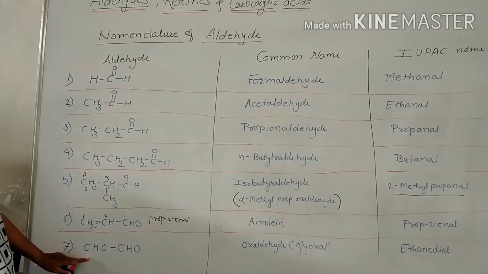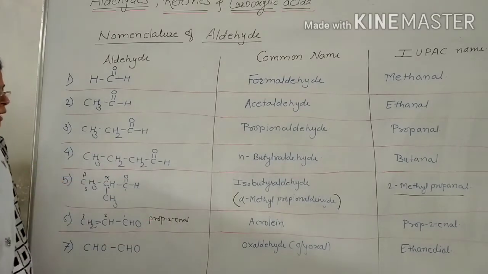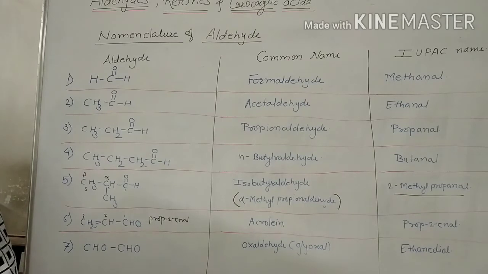Now there are two aldehyde groups, therefore it becomes ethanedial. Di stands for 2, al stands for aldehyde. Two aldehyde groups, ethanedial. The spelling of ethanedial is ETHANEDIAL. Don't remove the E from ethane.